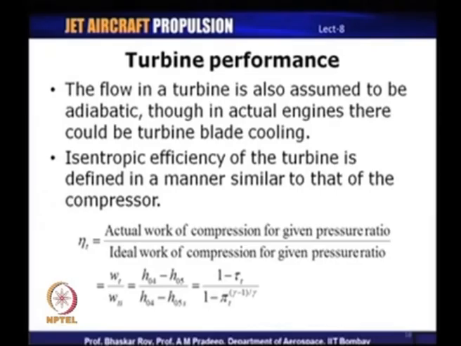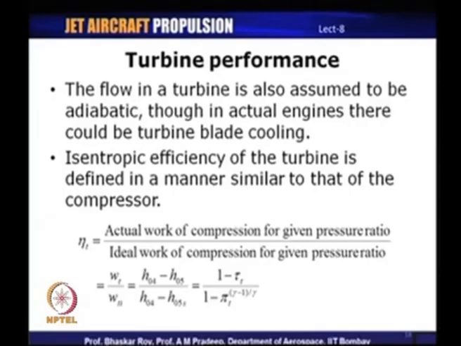In the case of a turbine, the efficiency is the actual work developed by the turbine divided by the ideal work developed by the turbine for the same pressure ratio. That is Wt actual divided by Wt ideal, which is equal to H04, that is inlet enthalpy, minus H05, that is exit enthalpy, divided by H04 minus H05s.